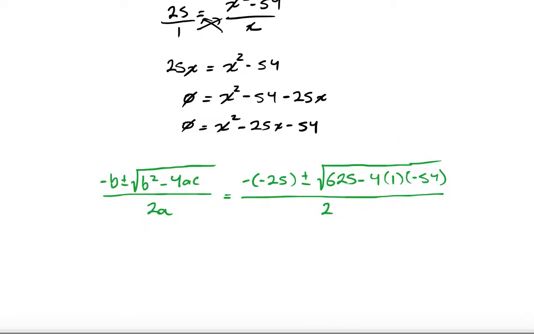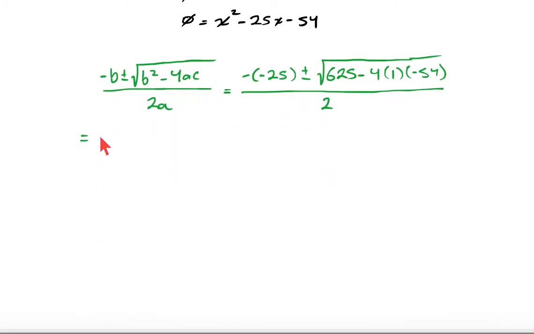So I'm going to do a quick round of simplification here. That will be equal to 25 plus and minus the square root of what? That simplifies down to, do it on my calculator here, 841, not the nicest root, over 2.